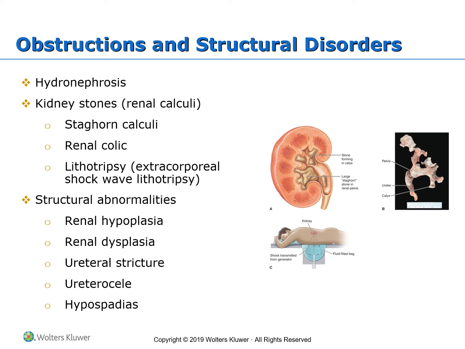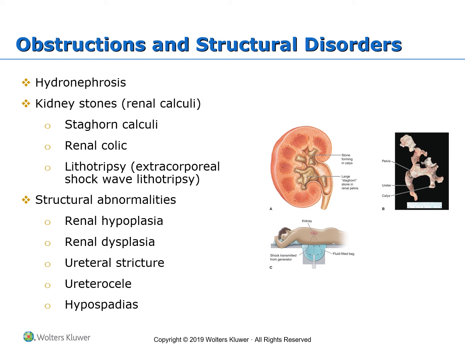On the other hand, we have what is called a renal dysplasia. In this case, the kidney has malformation in terms of structure or connective tissue, and as a result of that, is malfunctioning. Both of them eventually may result in renal failure.